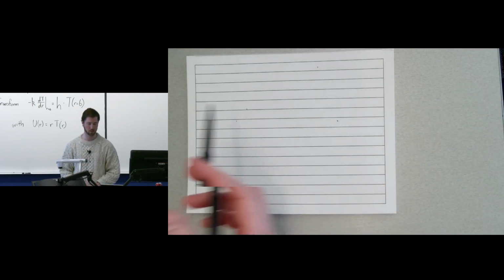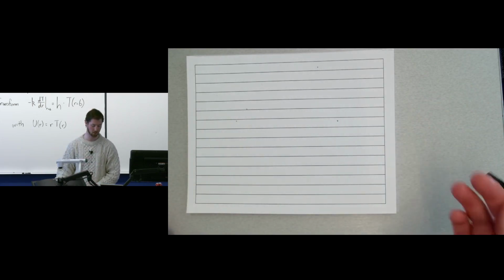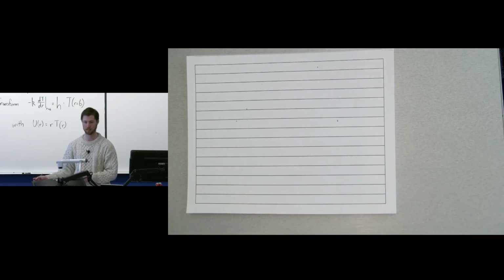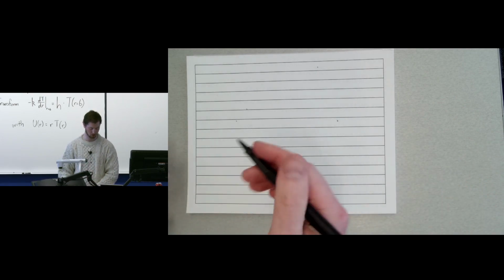As with the other problems in Cartesian and cylindrical, we're going to assume a homogeneous problem, no internal energy generation, constant isotropic properties, and the separation of variables in the form that I just wrote.